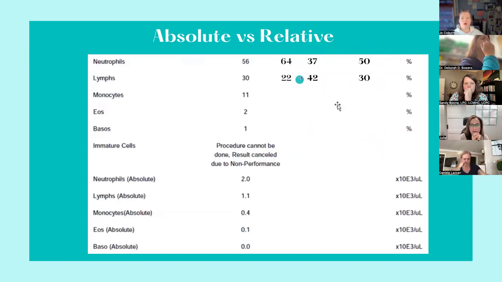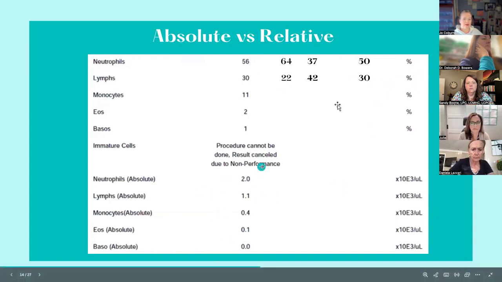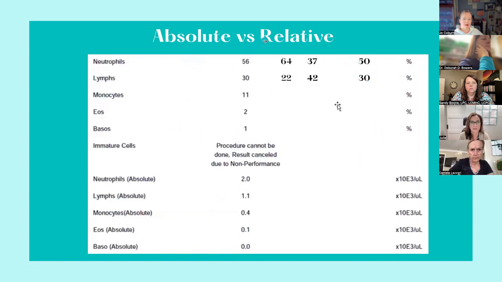So when you're looking at a high and a low or things that are more balanced, you have to keep in mind that these are just relative to the whole. They're always going to add up to 100. It's going to shift because it's just a percentage. So as the absolute numbers change, the percentages are always going to add up to 100, right?